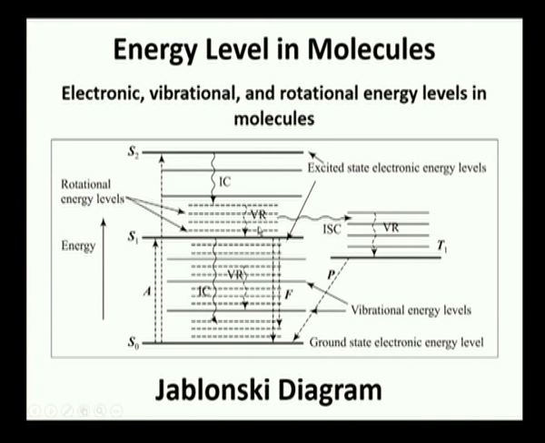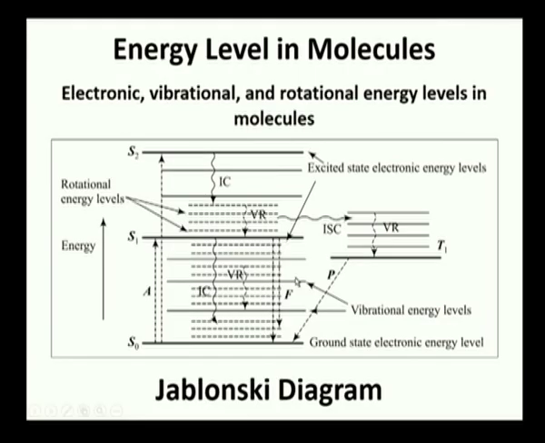And when the electrons get converted from the higher singlet state to the triplet state, this is known as intersystem crossing. All these three processes are non-radiative emissions, and they do not emit any radiation, the energy is just converted into heat. Now, in the case of radiative emissions, there are two types, phosphorescence and fluorescence.